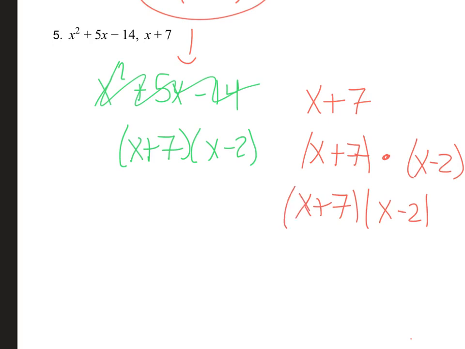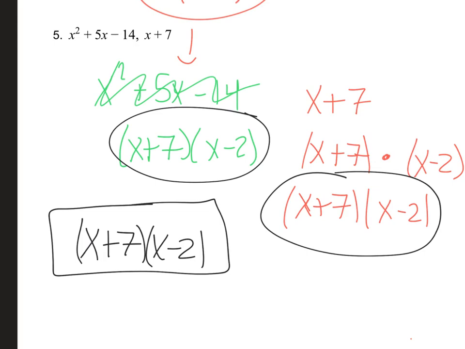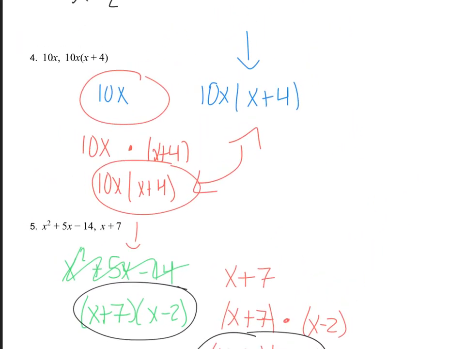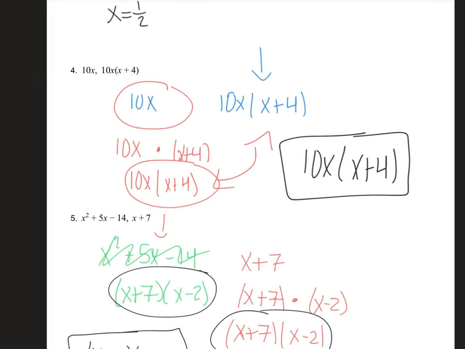So these two are going to look exactly the same, right? So its least common multiple is going to be x plus 7, x minus 2. Right? That's the least common multiple. Same thing up here. The least common multiple was 10x times x plus 4. Simple as that, right?